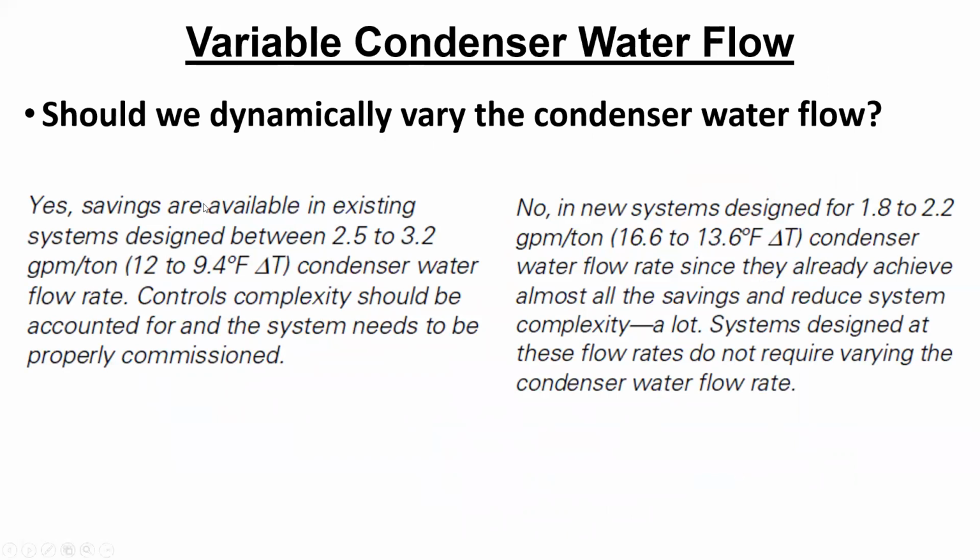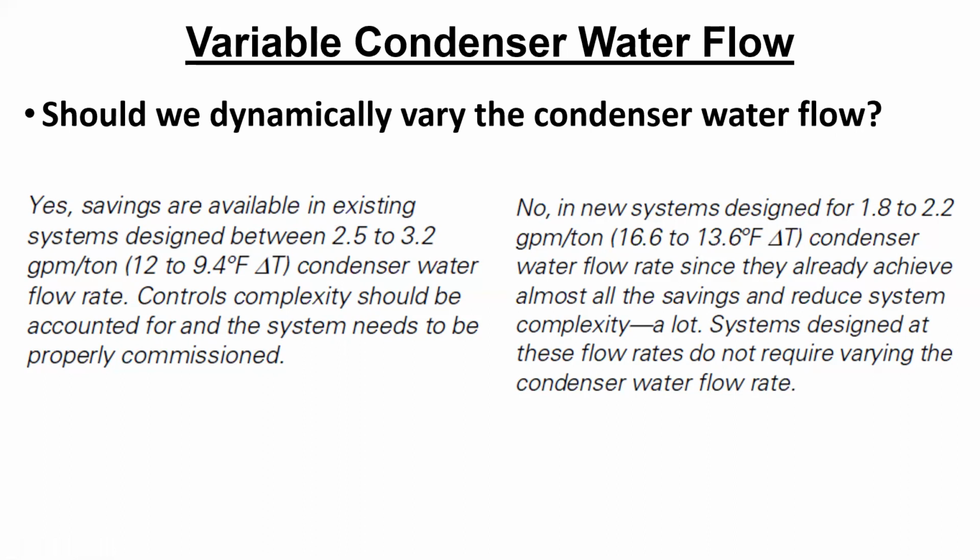Savings are available if the system is pretty old, because older systems were designed for 2.5 to 3.2 gallons per minute per ton, which provides a delta T of 12 to 9.4 Fahrenheit for the condenser water. So if it is an older system, there might be opportunities, but new systems are already designed based on 1.8 to 2.2 gallons per minute per ton, providing a 16 to 13 delta T for the condenser water flow.